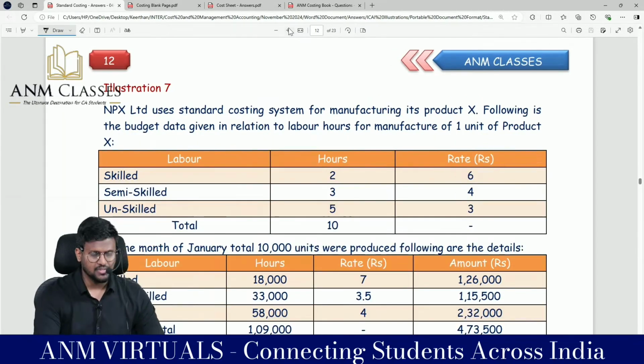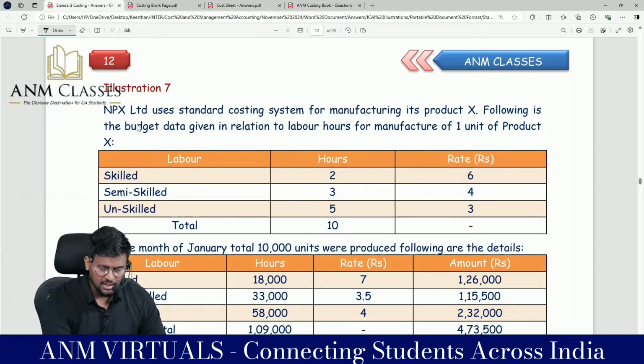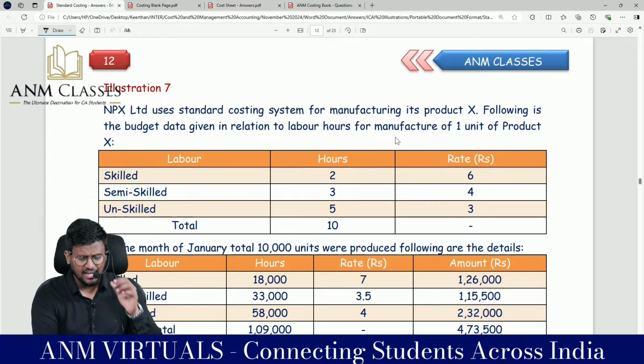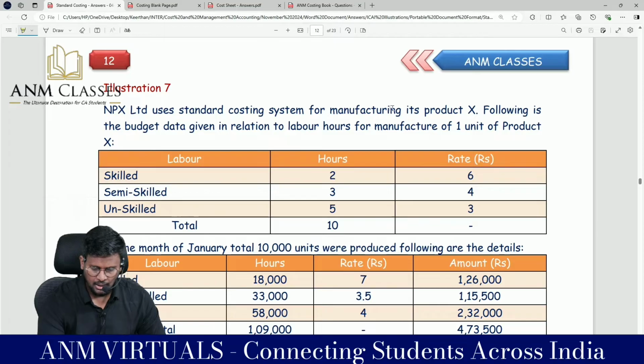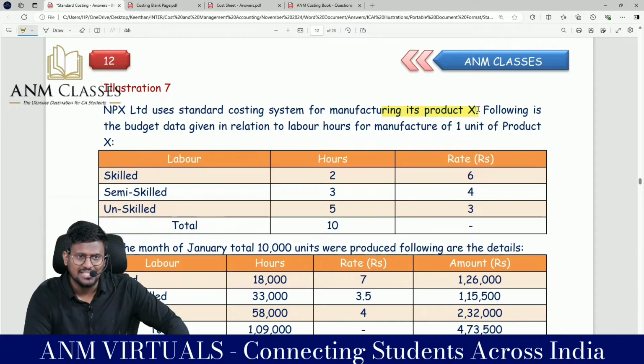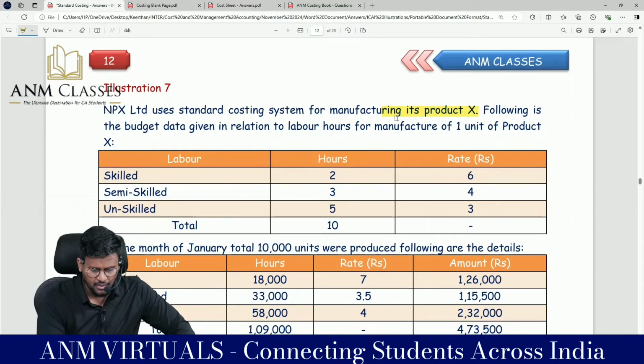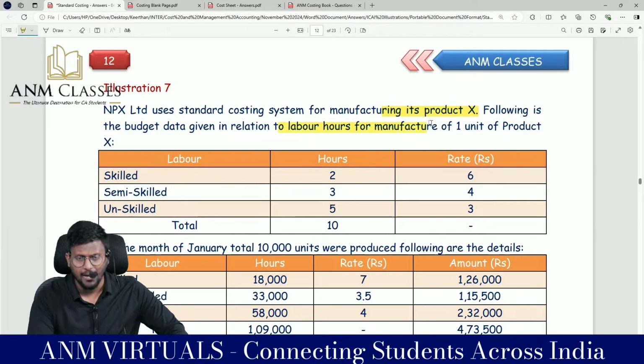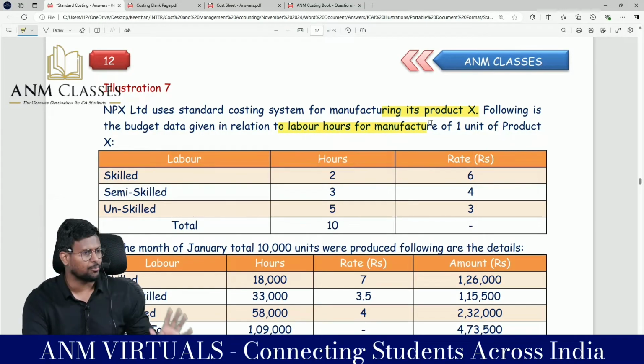I'll be explaining from the start. NPX Limited uses standard costing system for manufacturing its product X. So product X is the finished goods. In order to produce finished goods X, they are using standard costing system. Following is the budget data given in relation to labor hours for manufacture of 1 unit of product X.